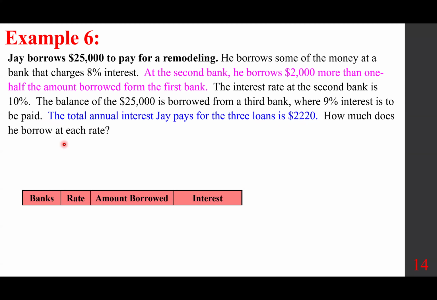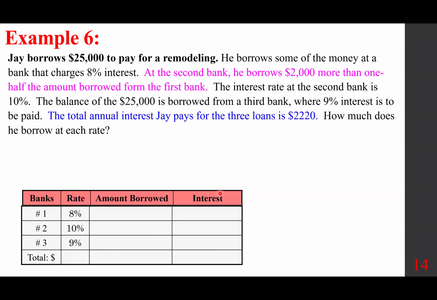So you have to set up a table. You have the banks: bank, rate, amount borrowed, interest. Okay. So bank number one, the interest is 8%. Bank number two is 10%.